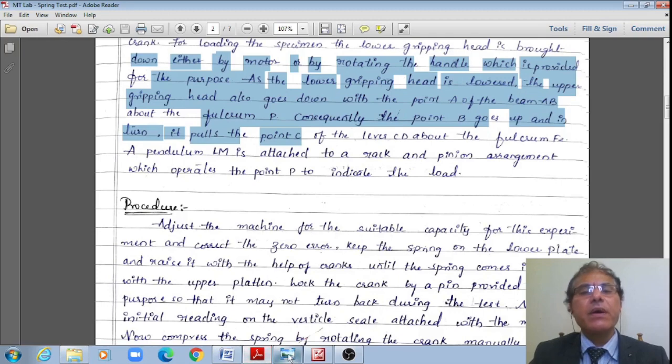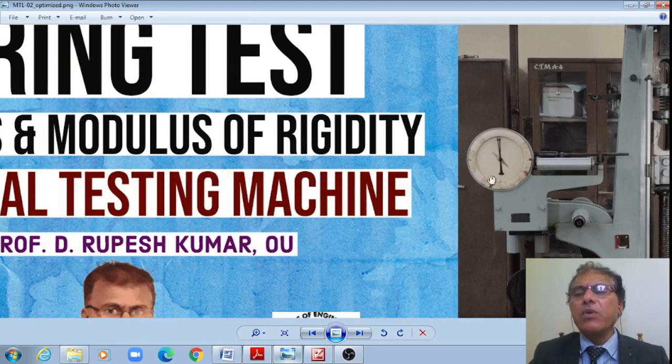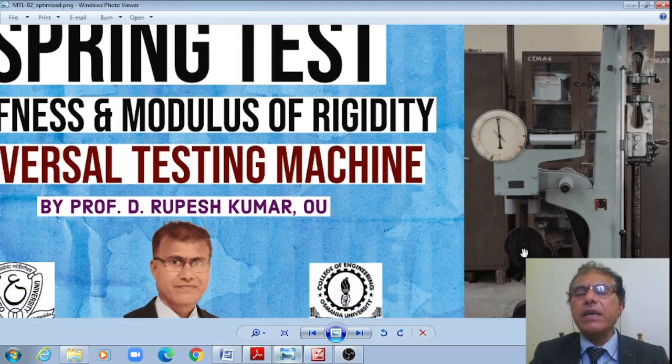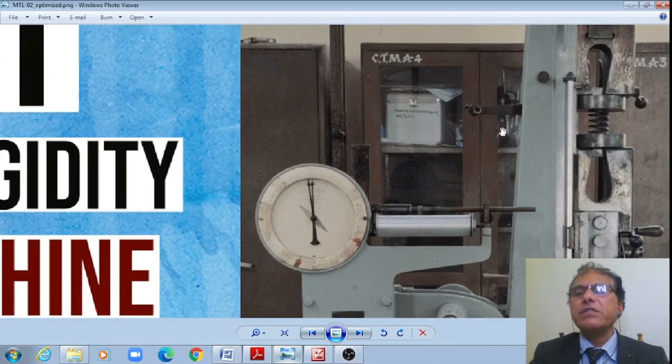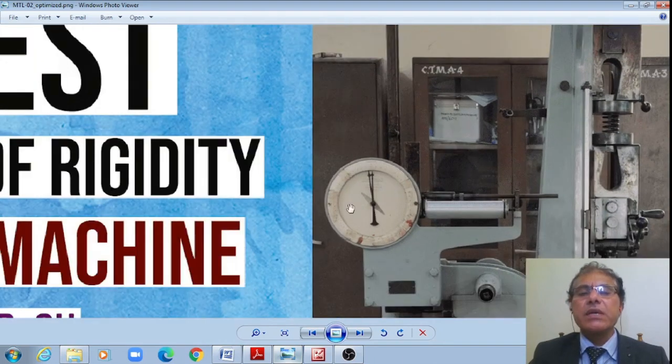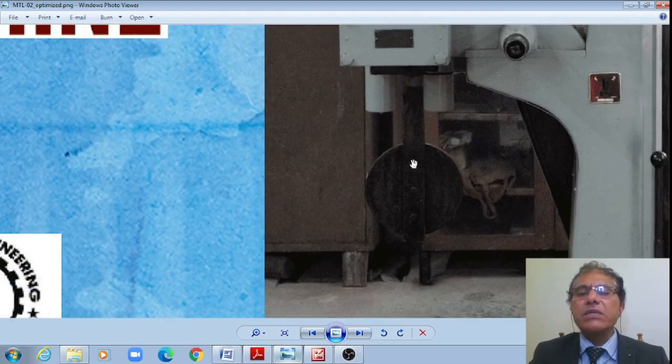Let me show that pendulum LM, to which the weight is attached. However, here I require just a small load, not more than 0.5 tons. Hardly will I be applying more than say 30 to 40 kg for this spring. Therefore, I'll use this 0.5 ton range, without this additional weight.